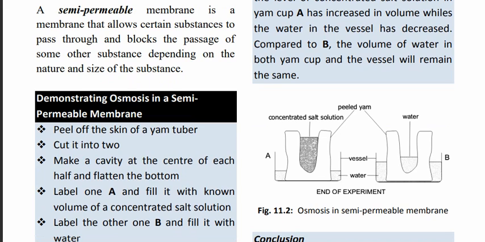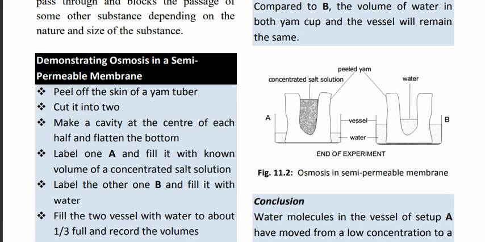Now we have an experiment to demonstrate osmosis in a semi-permeable membrane. Peel off the skin of a yam tuber, cut it into two, and then make a cavity at the center of each half and flatten the bottom.